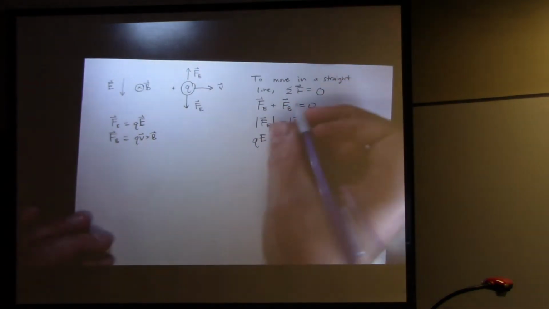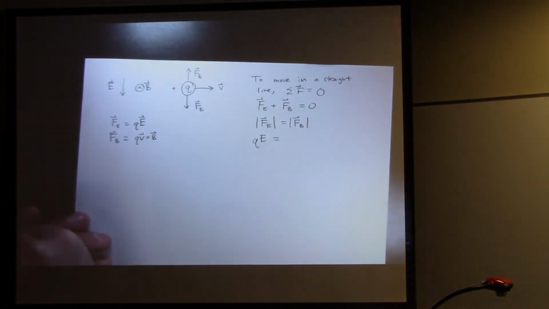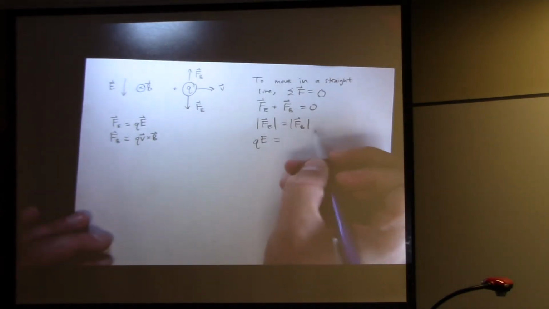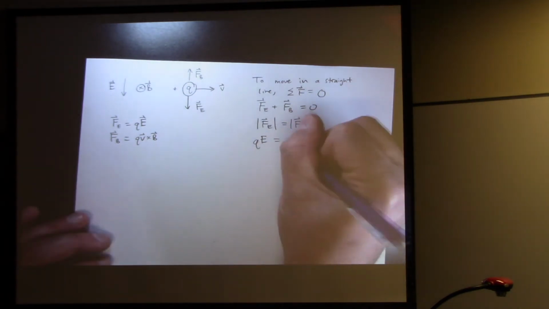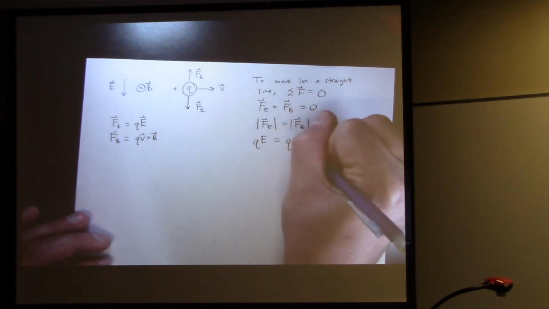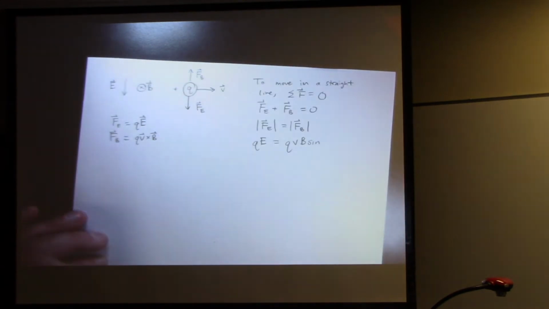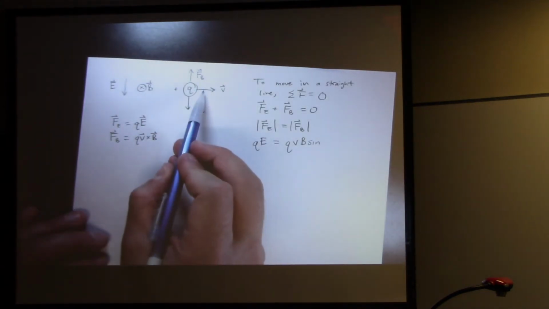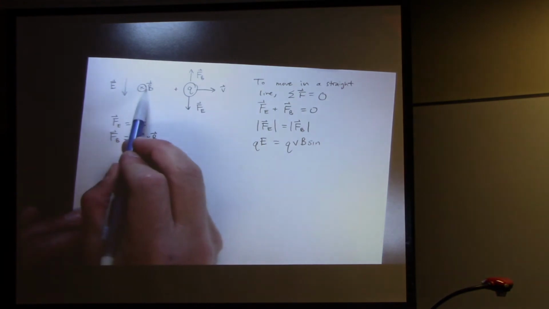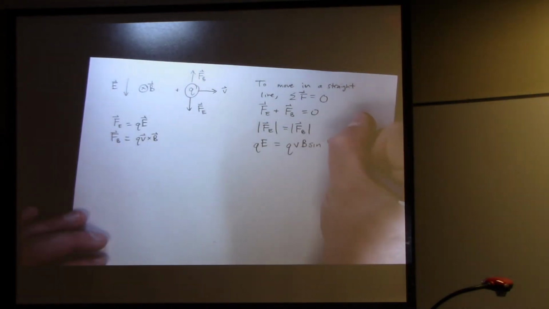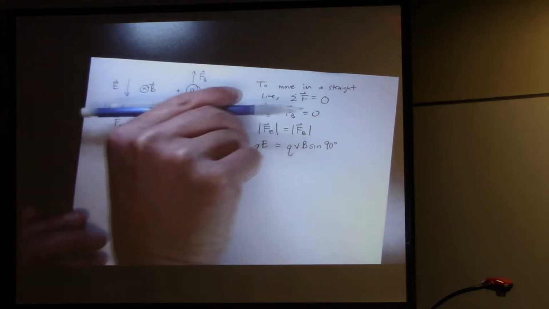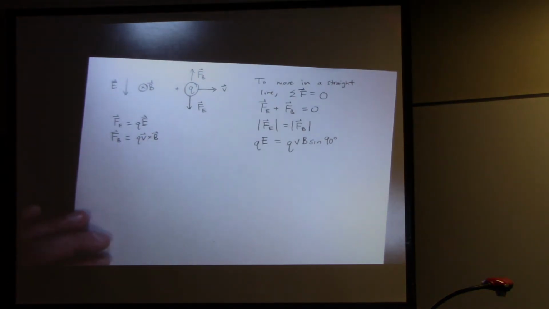And on the other side of the equation, where I have the magnetic force, and I want the magnitude of that force, I'll take Q times V times B times sine of an angle. But what's the angle between your velocity and your B field? Well, it's 90 degrees. Okay, because one's going into the page, the other's actually on the page itself, so that's a 90-degree angle.